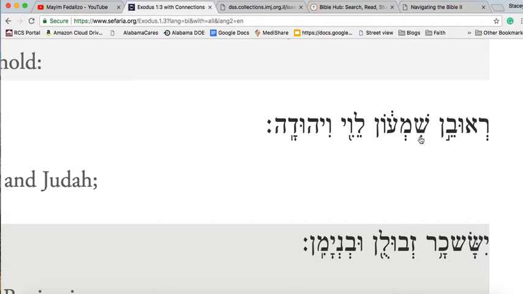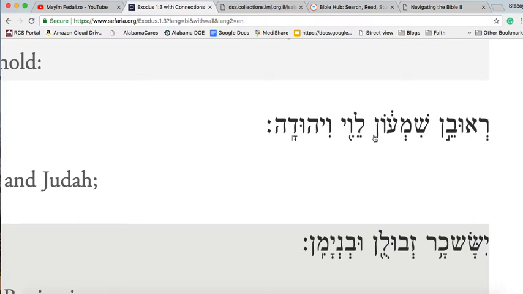Shin with a baby mouse. Shi, mem with a sheva we're not going to pronounce because it's in the middle of a word. Shim, which is, remember, the word for name. Shim. And then we have an ayin with a cholam up here, so it goes oh, and then a final noon.